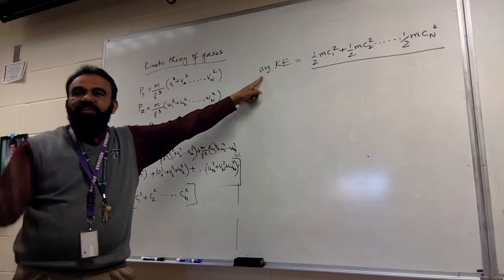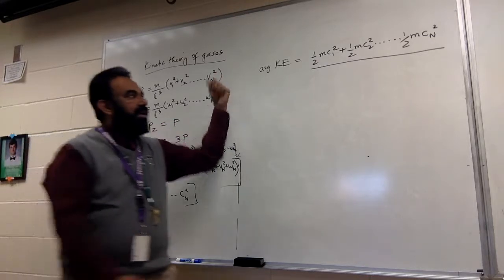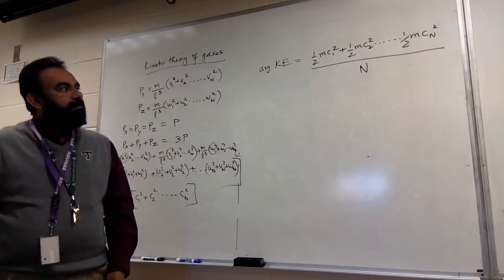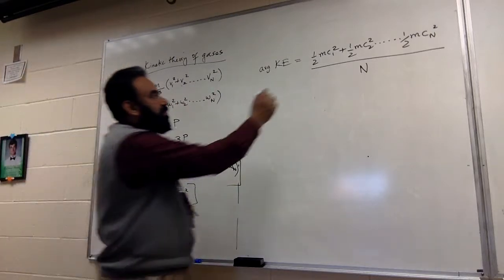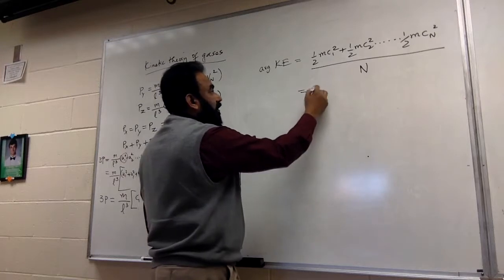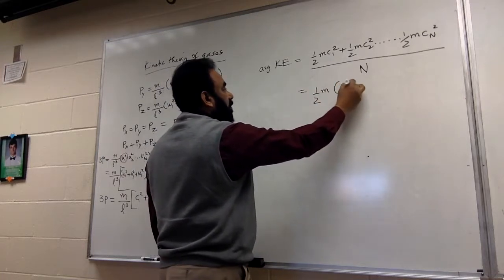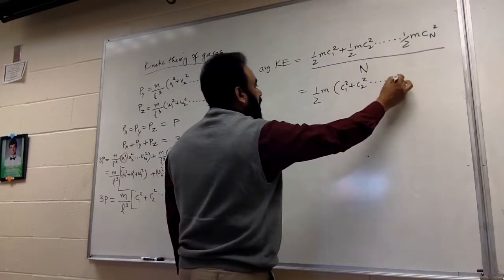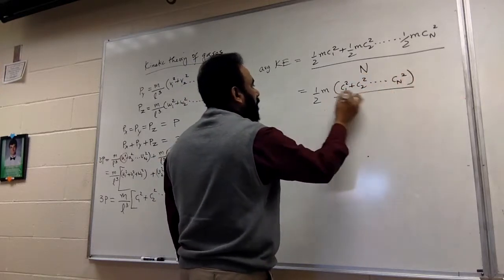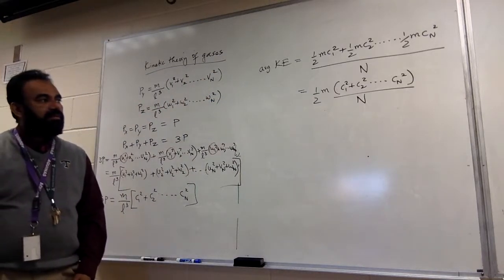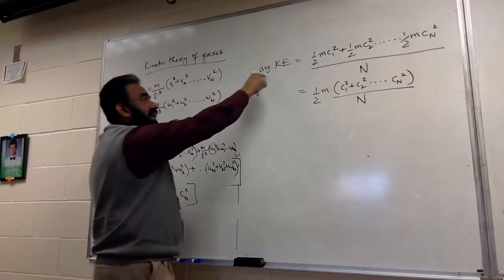What's the average kinetic energy of each molecule is what I'm trying to find. And so this becomes half m times (C1 square plus C2 square, etc., Cn square) divided by n. This is the average kinetic energy.